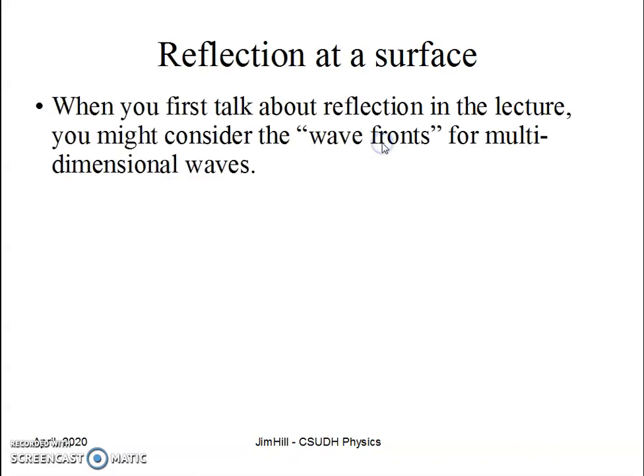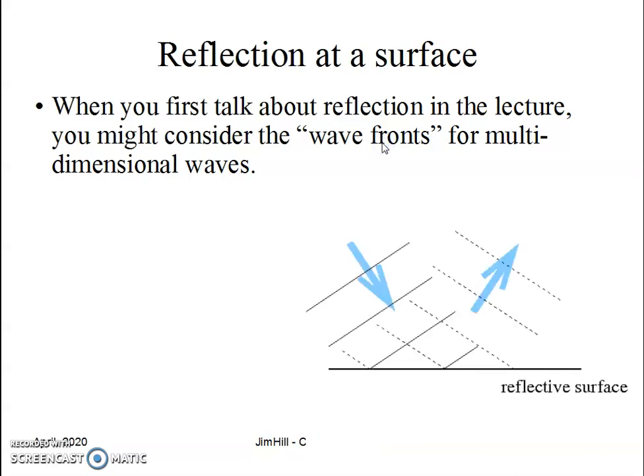any surface. And if you first looked at reflection in lecture part of the course, talking about other kinds of waves, you might have considered wave fronts for waves that are more than one dimension. That is, if you think of water waves, the crests of the wave as they move along might bounce off of some surface at the end of an aquarium or something and go in a different direction.